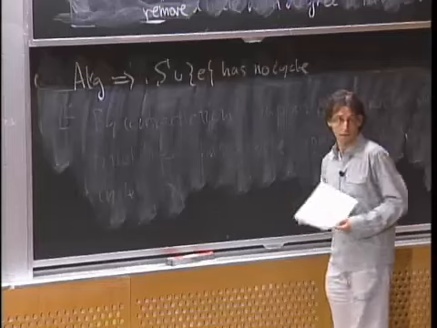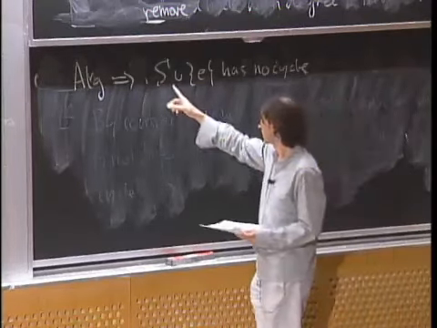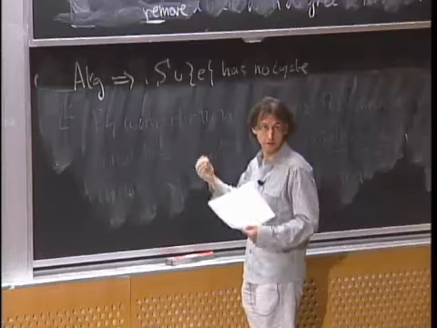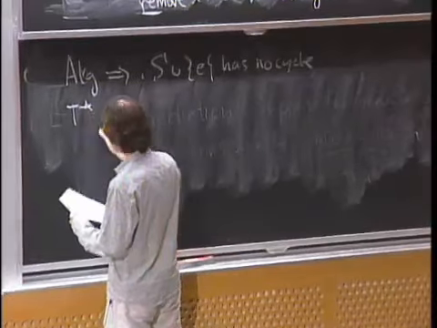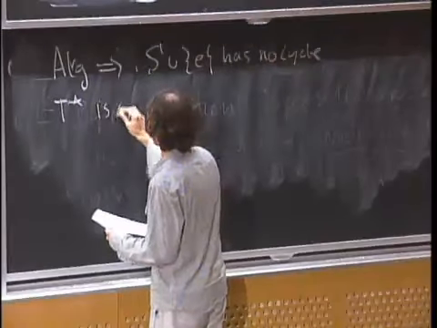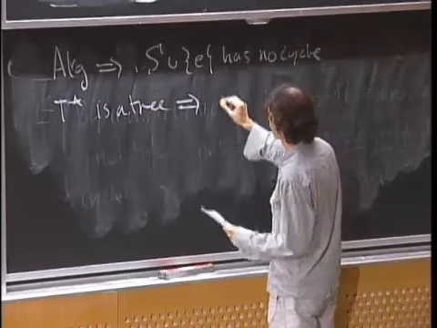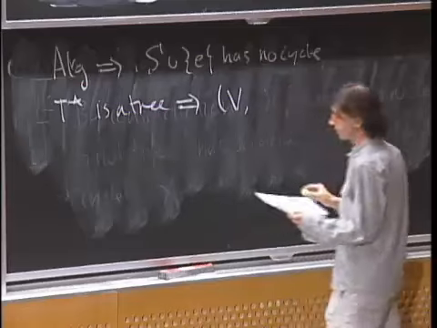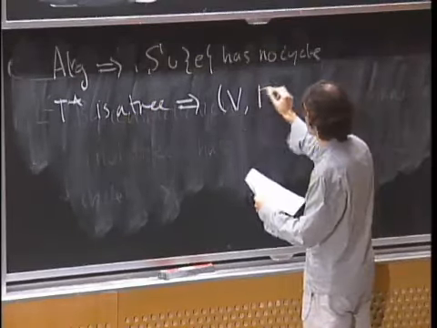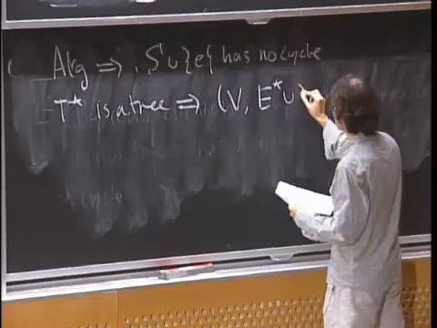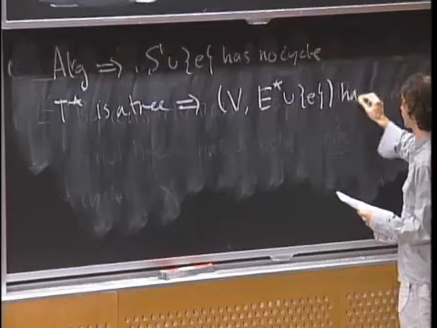That's how we select the m plus 1th edge. All the selected edges together should not contain a cycle. That's the definition of the algorithm. We know that T star is a tree, and this implies that if you look at the graph that has the vertices V, together with E star and edge E, then this must contain a cycle.